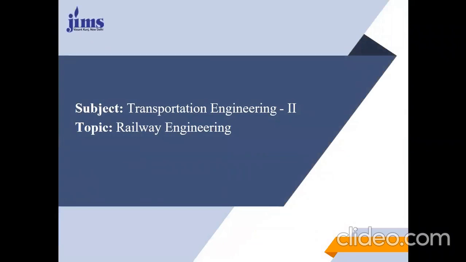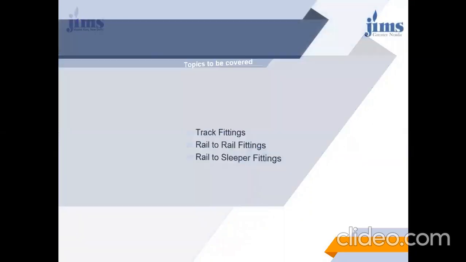Now that you are aware of all the major components of a P-way, we'll be discussing how we fix those components to each other. That is the fastening devices, which help you to connect one component of the P-way to another.